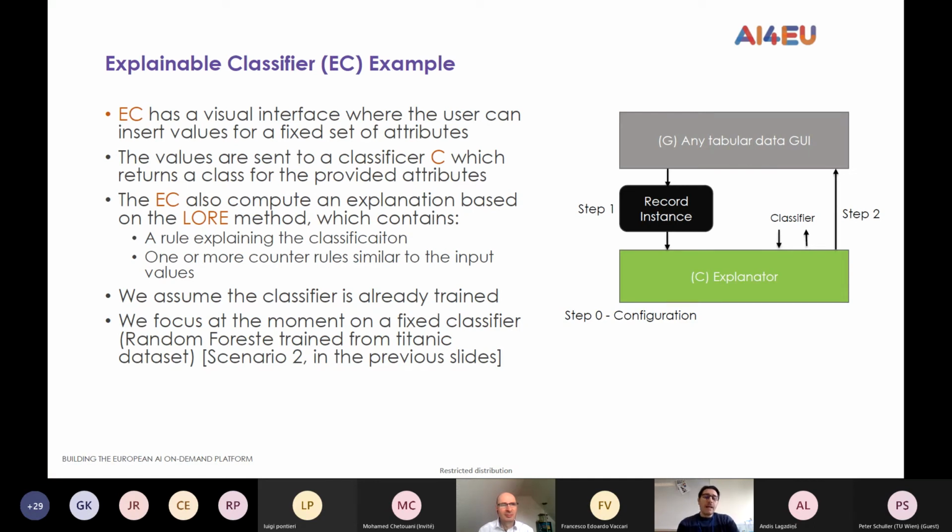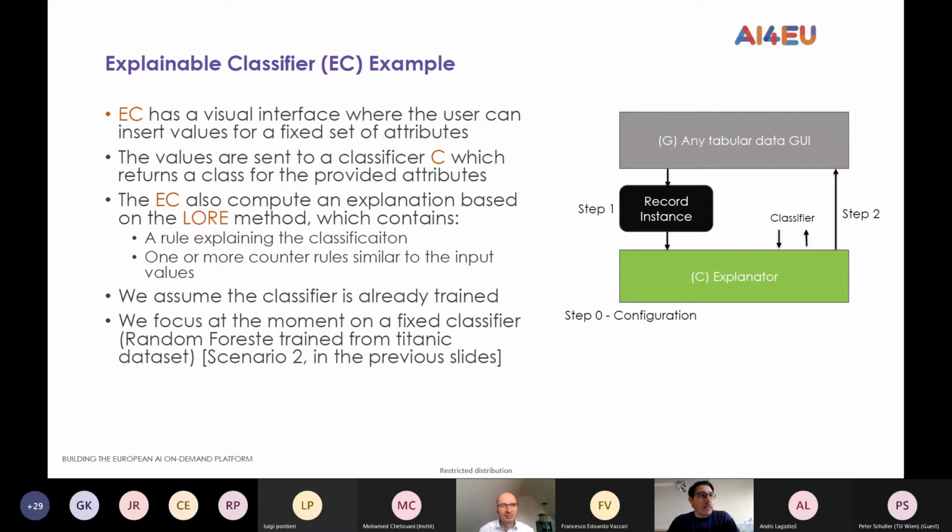Having any type of classifier, at the moment we are focusing on tabular data just for starting, the objective is to have a component that is able to explain the outcome of any classifier according to a specific record instance that is arriving.